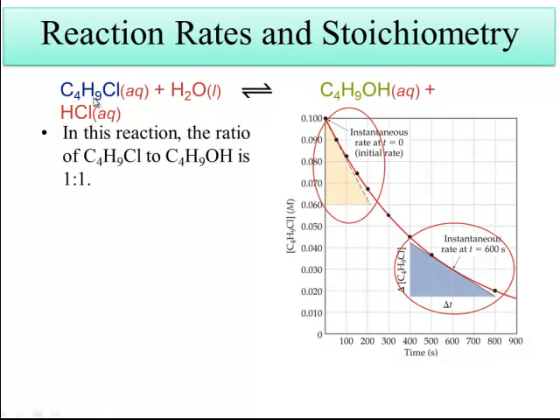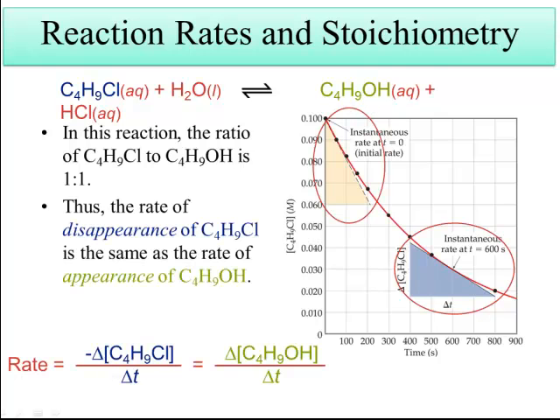Also, if you realize, the stoichiometric ratio of chlorobutane and butanol is 1:1, and as a consequence, the rate of fall in concentration of chlorobutane and the rate of rise in the concentration of butanol will obviously be the same. So whatever I said is mathematically depicted out here.